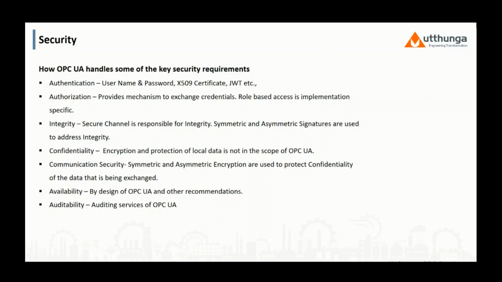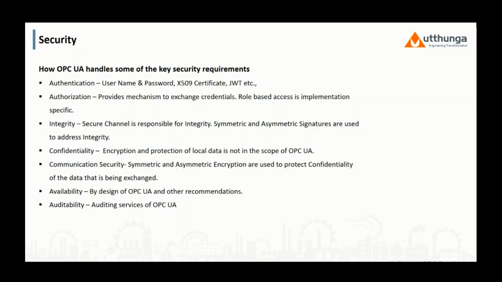However, the data that is being exchanged through OPC UA communications is protected because of the asymmetric and symmetric encryption that is being used for the data exchange. And availability, while designing the OPC UA message exchanges, how the request and response mechanism should work, it has been thought through so that there will not be any unnecessary processing done by the OPC UA applications, so that the system is available the majority of the time.